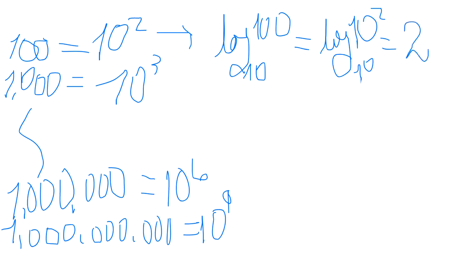Meaning when you take the log of 10 squared to base 10, you can express that number only by the exponent. But how is this possible?